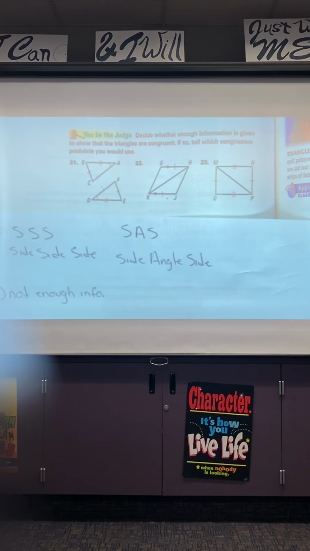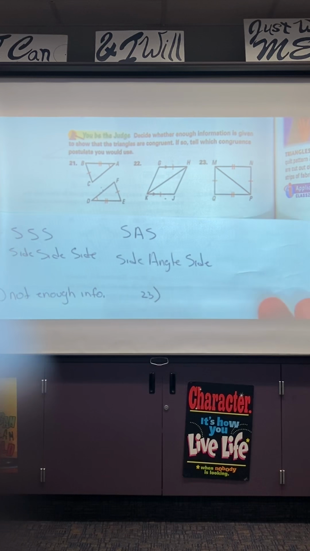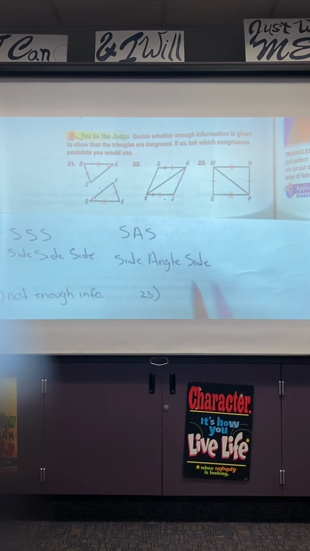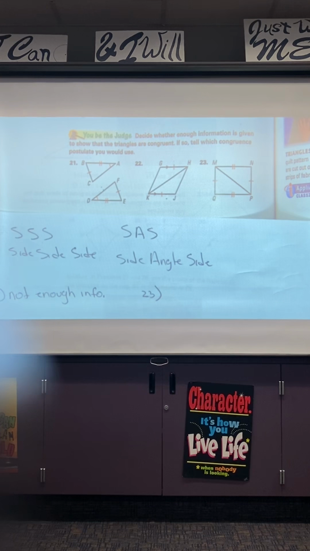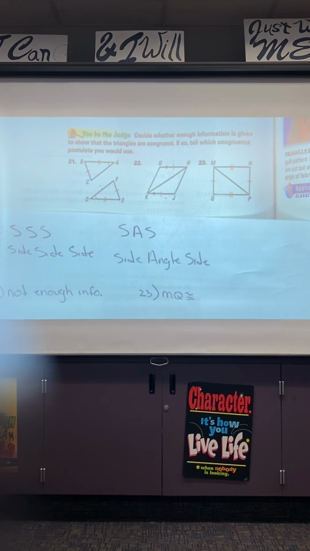But now, let's take a look at problem number 23. Can you guys see it there? Okay, there are 2 triangles that are put together, but we know MP is the segment that is part of the 2 triangles right here. So we know that MQ is congruent to NP, and remember, it's because of the tick mark.